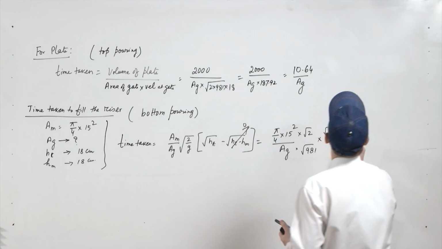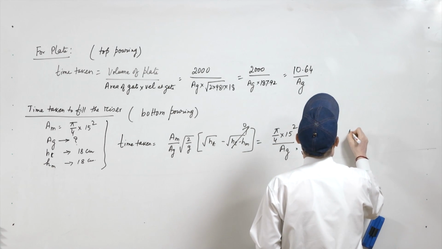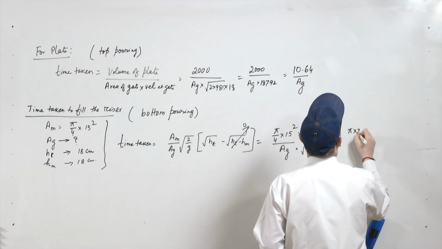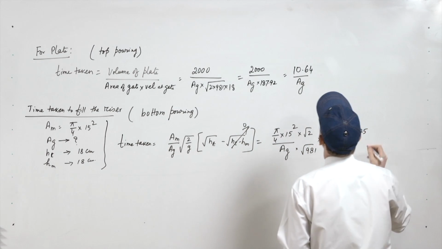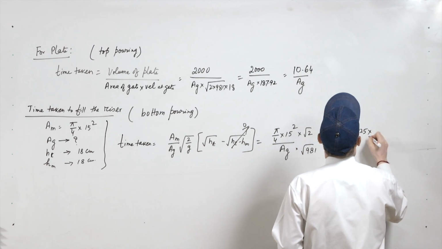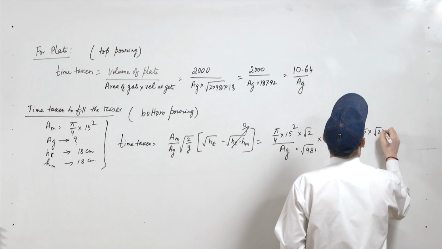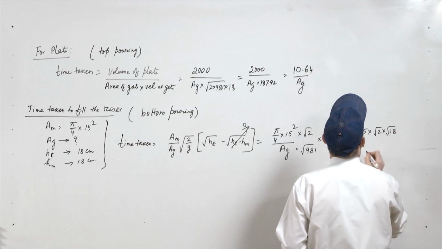So, what we have to do is you have to have pi into 225 into under root 2 under root 18.